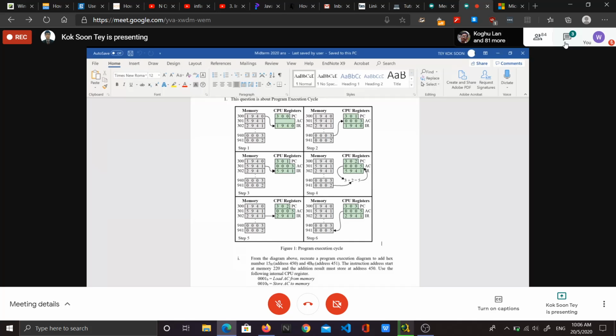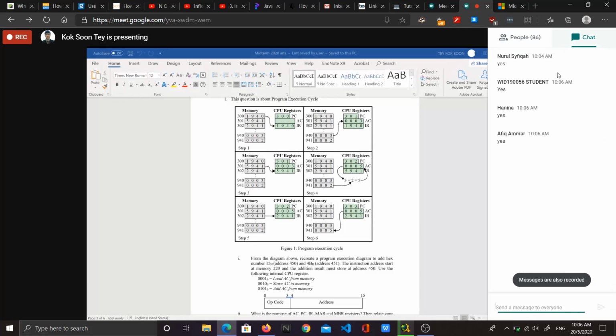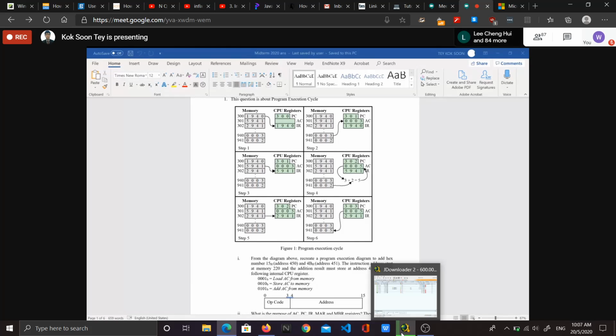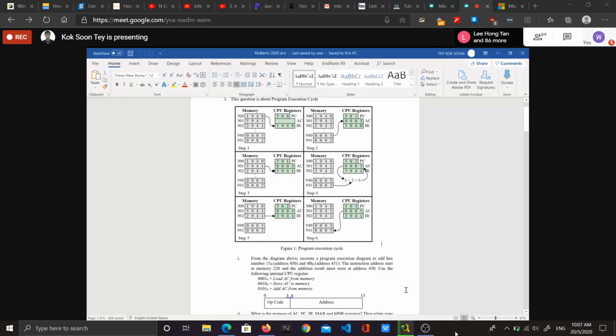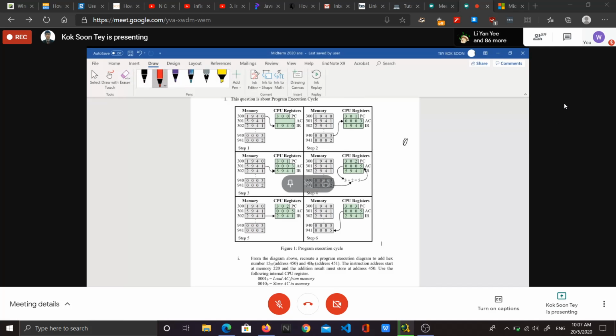So what content should be inside the memory? What should be the content inside here, the memory?